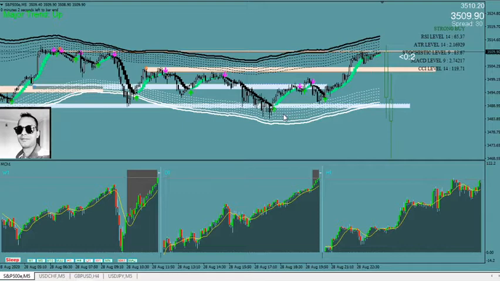You can look at how smoothly these work. ATR is also a very good indicator to find the volatility of the market and the major stretch in the market.